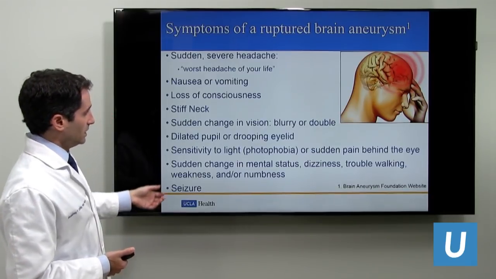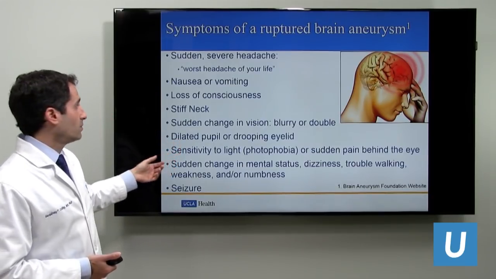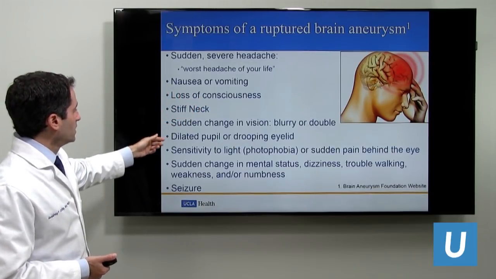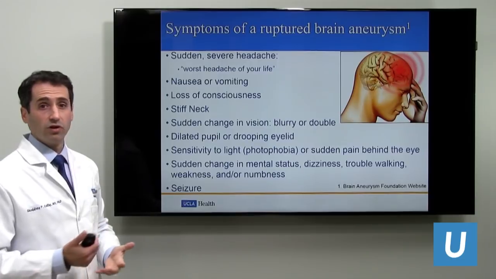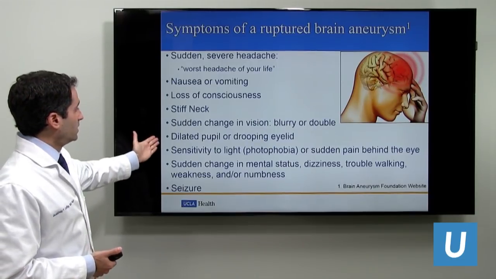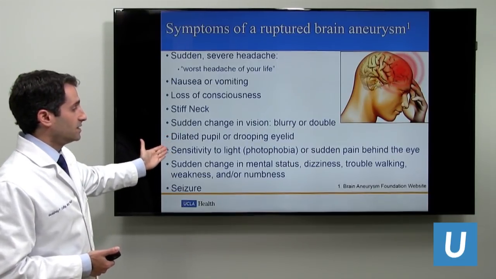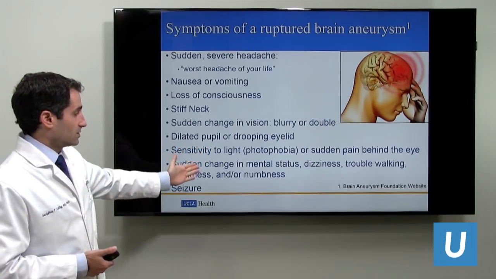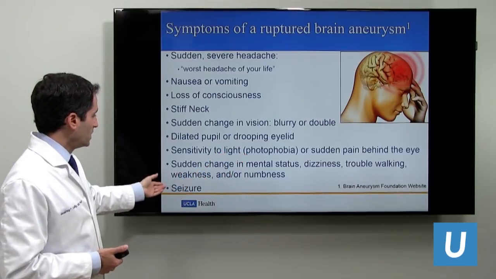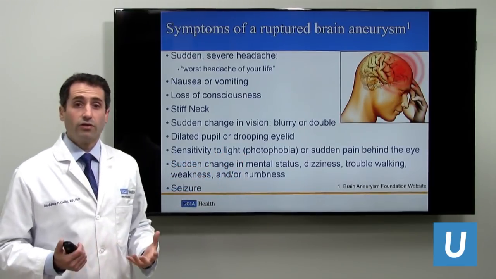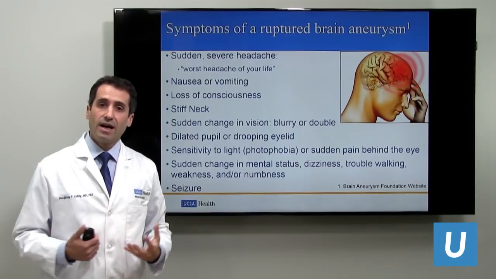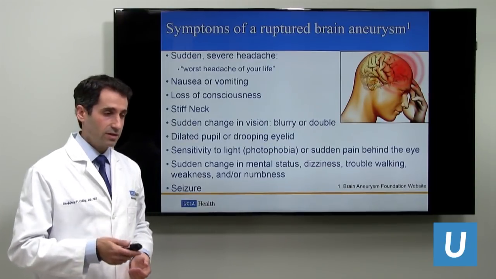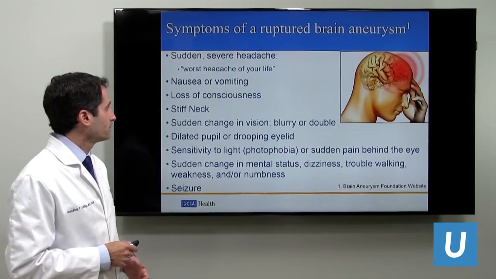It can also lead to a host of other neurological problems: nausea and vomiting, loss of consciousness, neck stiffness, sudden change in vision, either blurry vision or double vision, dilated pupil or a drooping eyelid, sensitivity to light, sudden pain behind the eye, a sudden change in mental status, dizziness, trouble walking, weakness and/or numbness, and it could also cause a seizure. So there's a lot of things that go along with a ruptured aneurysm and a lot of problems it can cause, and it's usually not a subtle event.